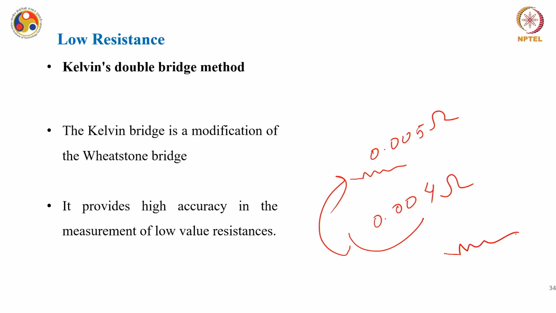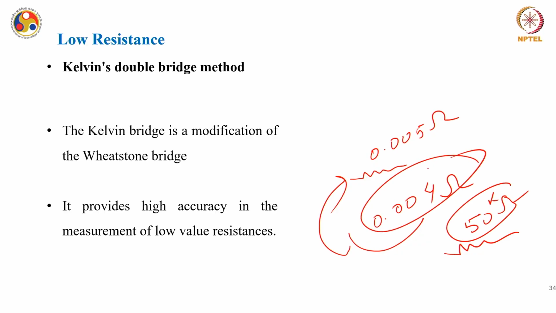Say if it is certain kilo ohms, say 50 kilo ohm, maybe you can ignore this lead resistance, but when the resistance under measurement is of this low order, lead resistance is very critical.